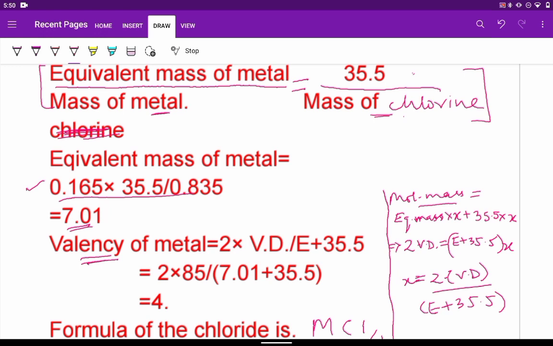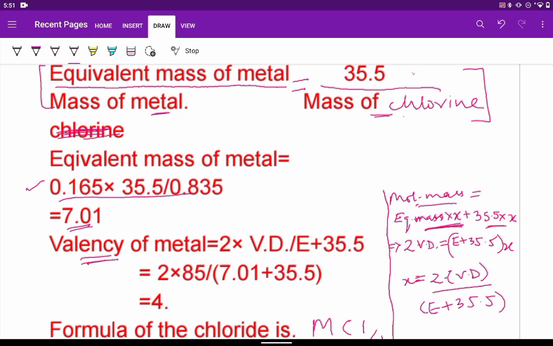Equivalent mass into X, that is valency, plus 35.5 into X. So X is the valency. We multiply the equivalent mass of that metal by X, so you will get the atomic mass of the metal, plus 35.5 into X. This is for the chlorine part.